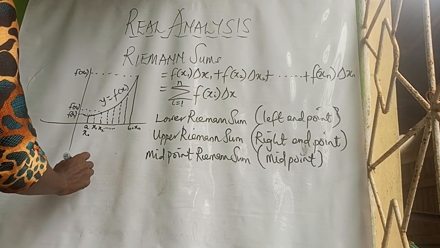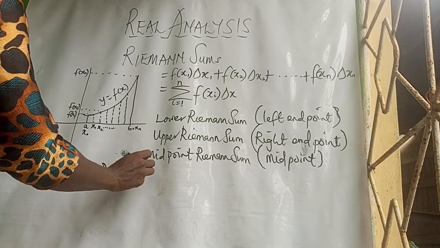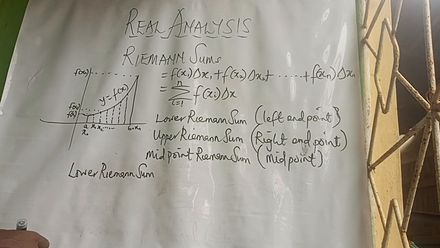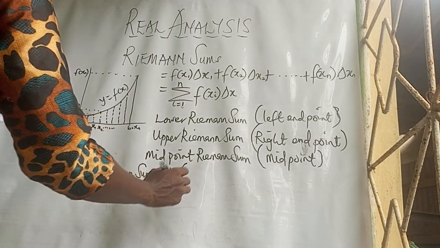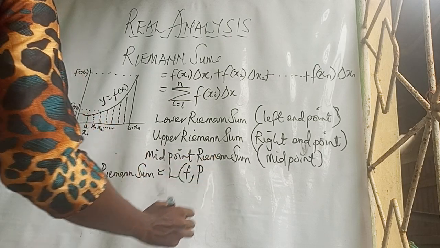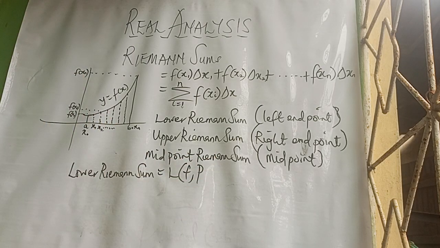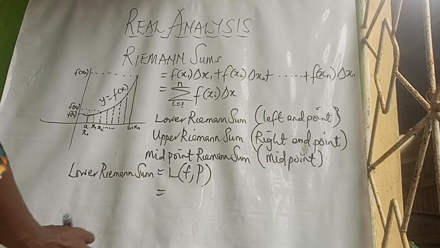Our lower Riemann sum can be denoted as what? As L, the lower sum of f with respect to the partition P, and this is equal to what?